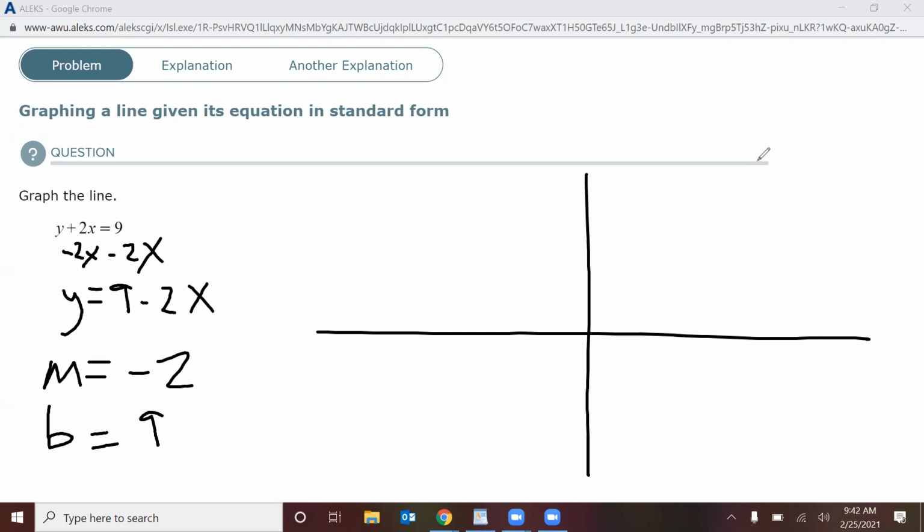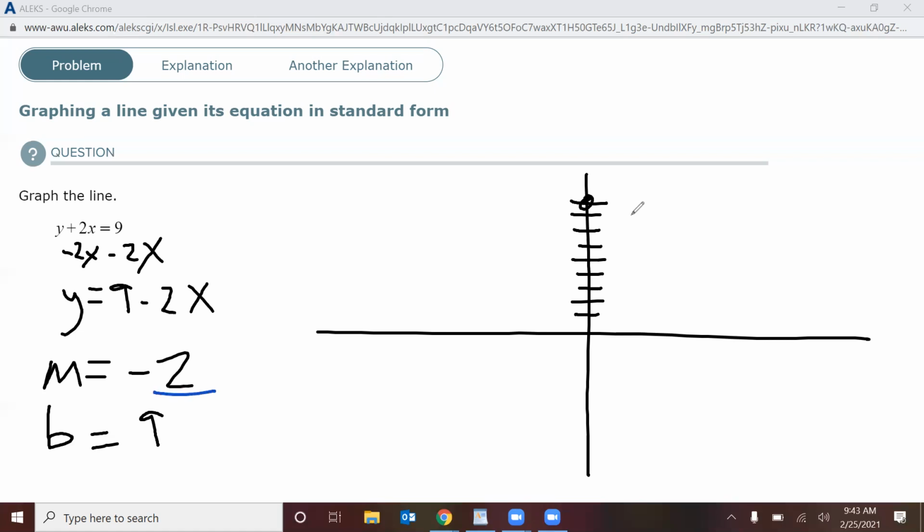So when we graph, we plot the y-intercept first at height 9, and then we use the slope of -2 to find a second point. However, the slope is only made up of the one number, -2. If we're going to do the rise over run trick, we will need a second number.